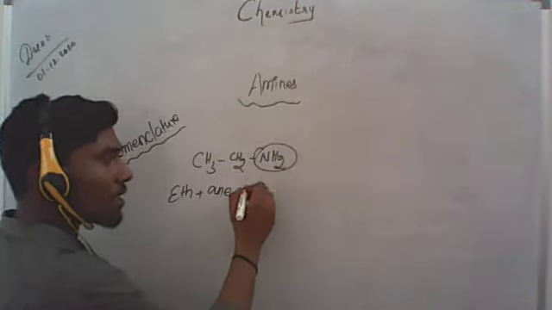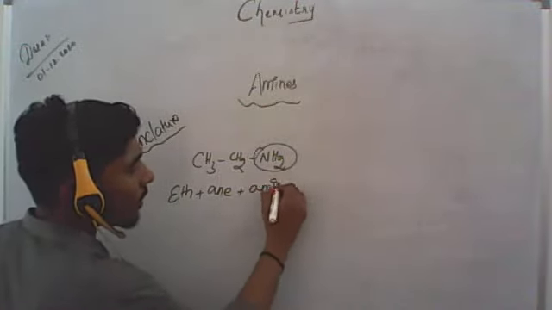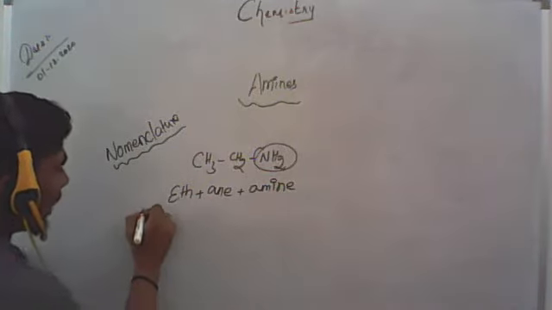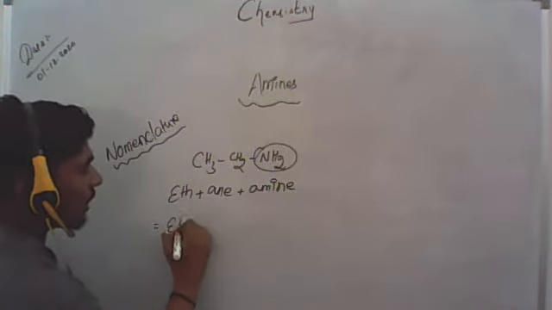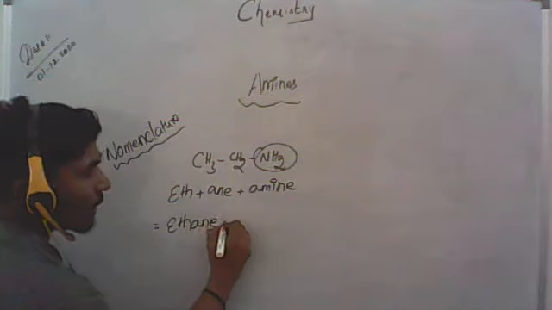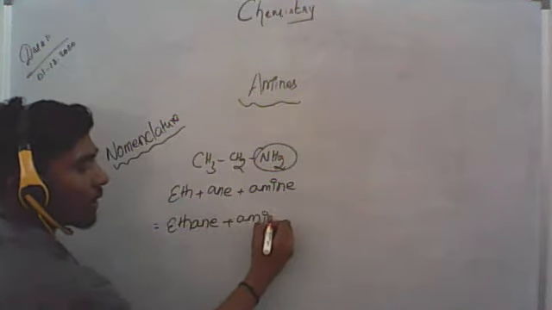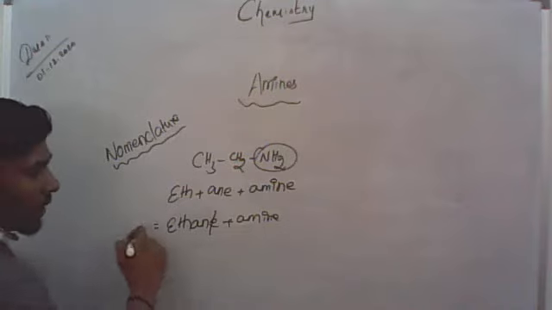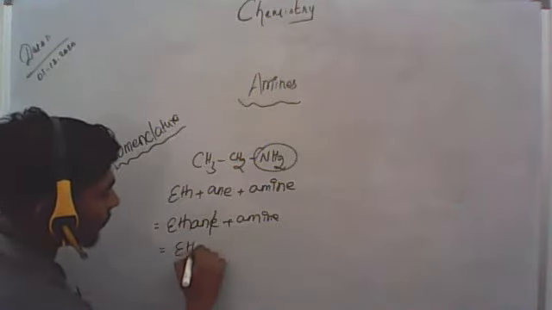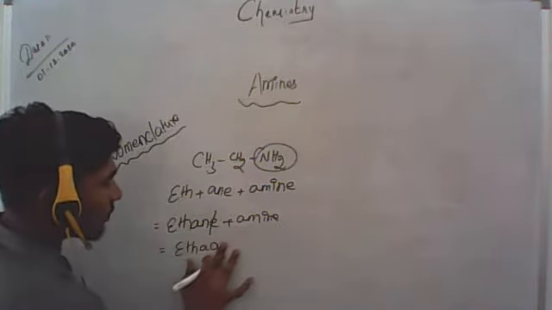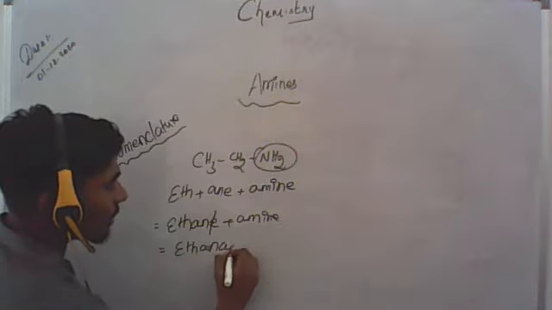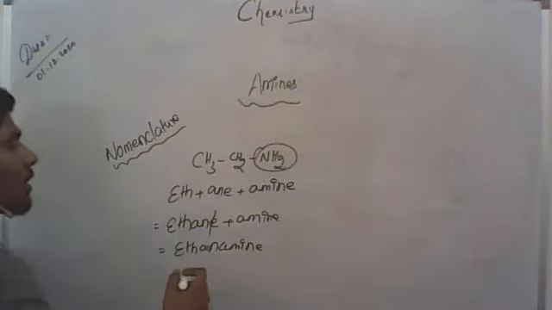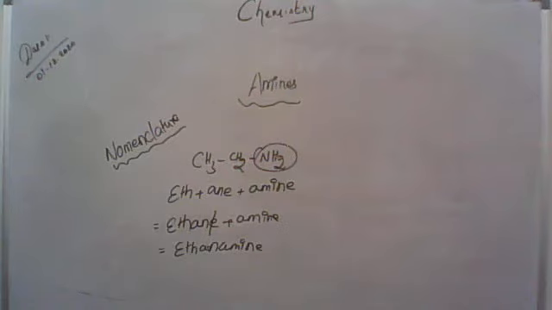Okay, functional group is amine. So write the name like this, ethane plus amine. Okay, then strike out E from alkane, then join the name: ethanamine. Okay, so this is the IUPAC name for this compound.